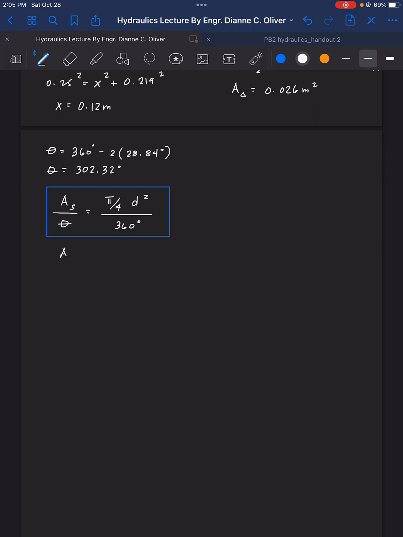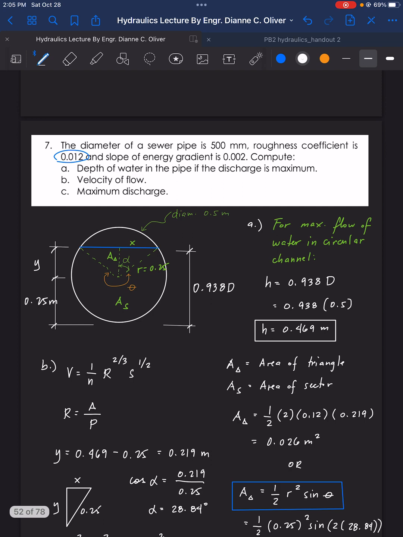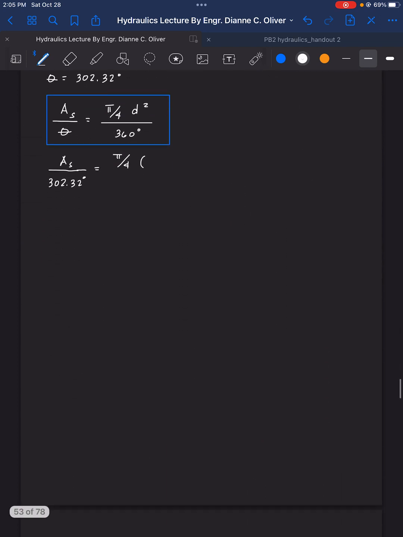So area of the sector over 302.32 degrees equals pi over 4 times the diameter squared, and the diameter of this pipe is 500 mm, so that is 0.5 squared, divided by 360 degrees.